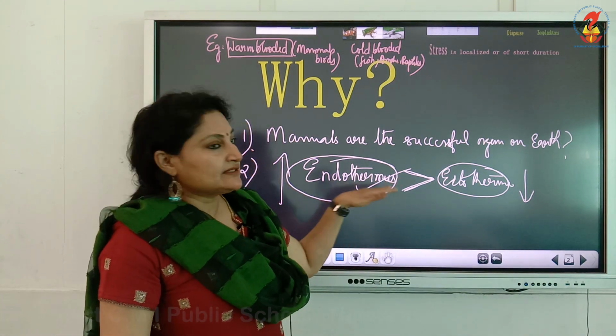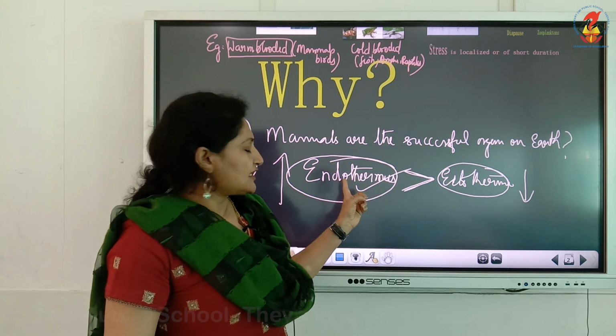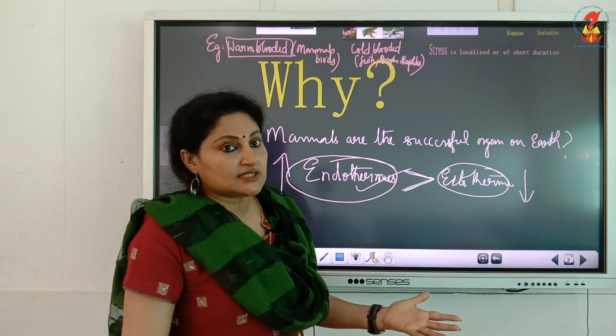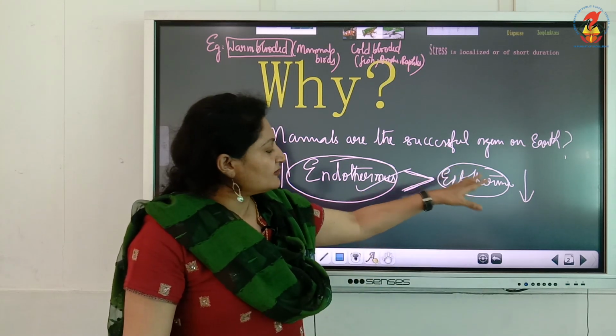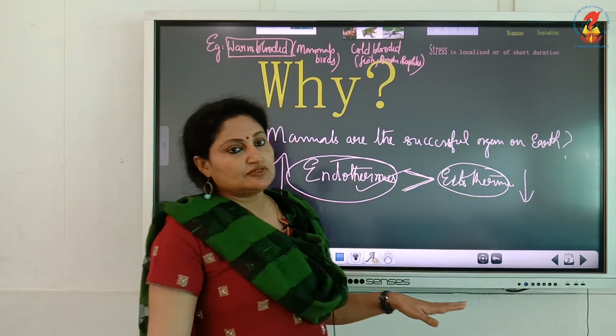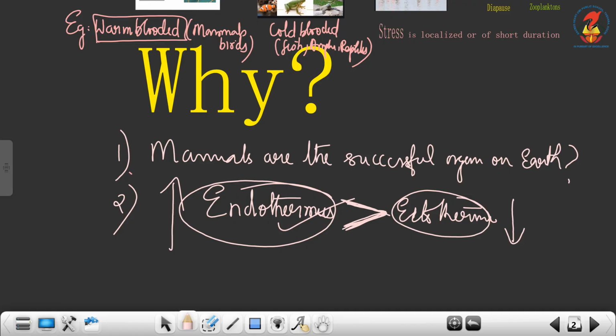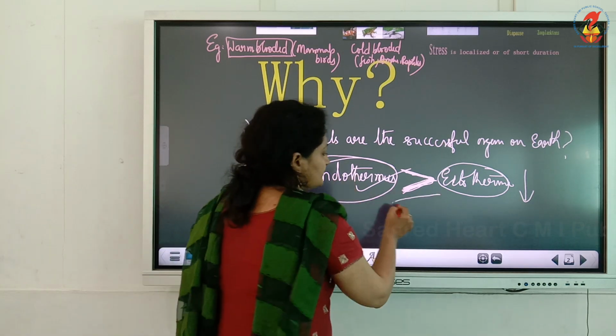So that should be the trend, because the ones which have the ability for homeostasis are more efficient than the ones which do not. So definitely the number of endotherms should increase, but it's just the opposite.